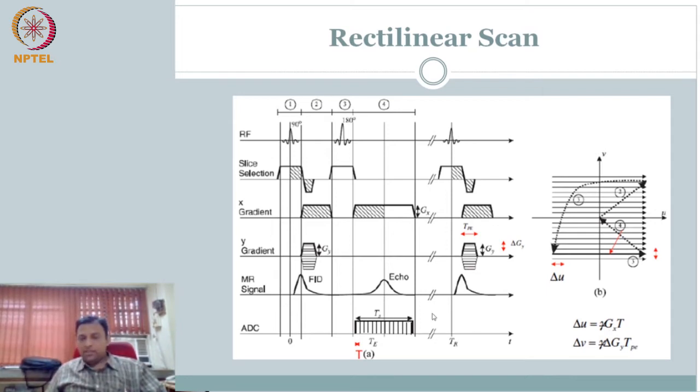Now gamma GX times this T is going to be your frequency delta U. Likewise, your delta V will be gamma delta GY operated for TPE. Same as what we did before, but before we had TS, now this T is a time period, therefore your delta U is your delta U.